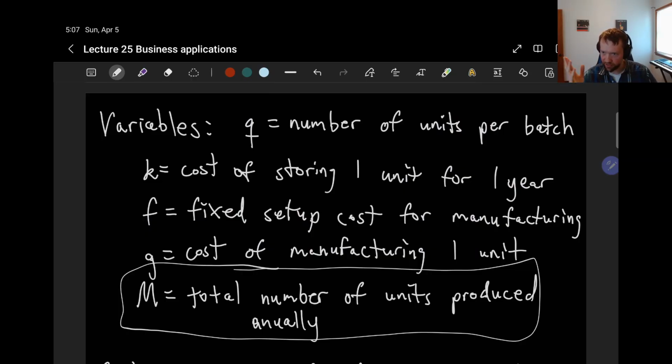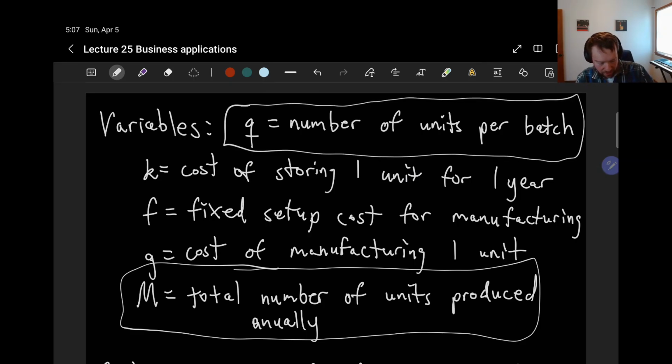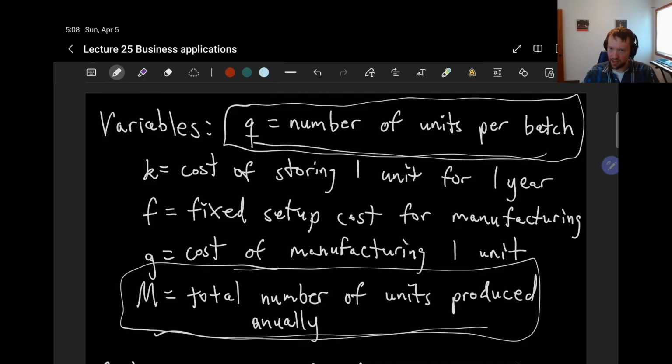So the total number of cases of honey that we produce in a year, but that's all done within separate batches. And Q is the number of units that we have in each batch. So if you take the total number of units overall and divide by the number of units that's in each batch, that gives you the number of batches.